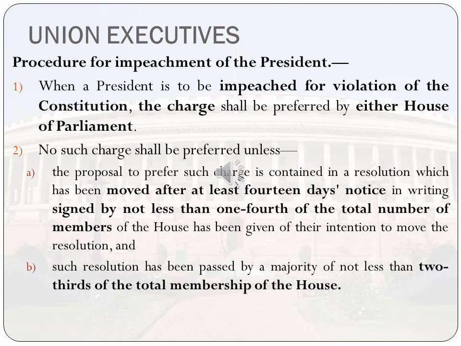When such resolution has been passed by a majority of not less than two-thirds of the total membership of the House, so at least two-thirds or 66% of the members have to accept this resolution, only in that case is the impeachment possible.